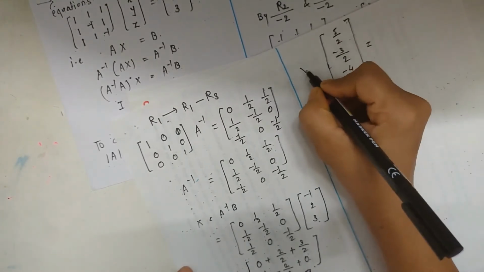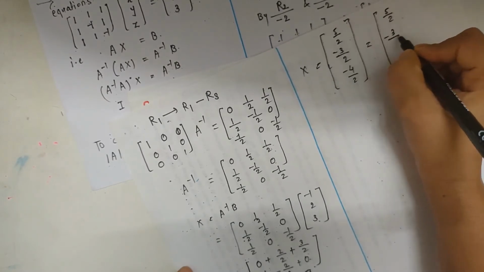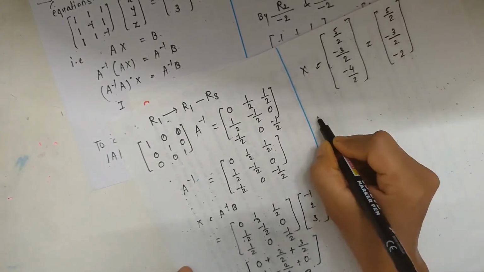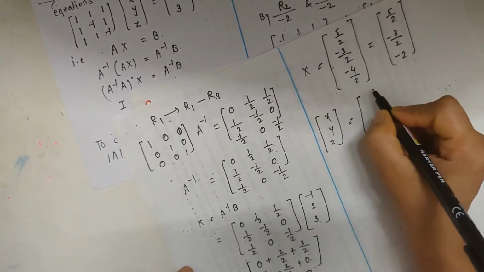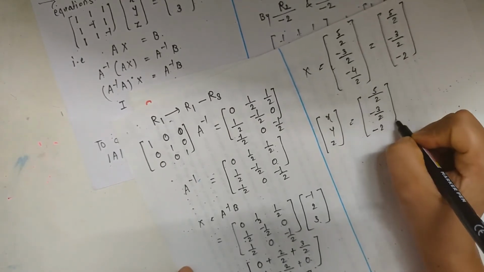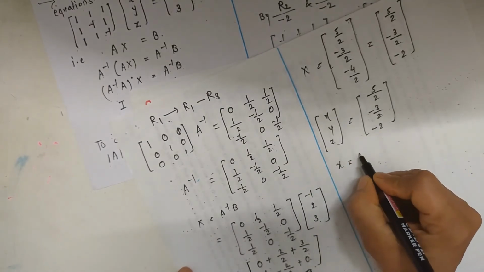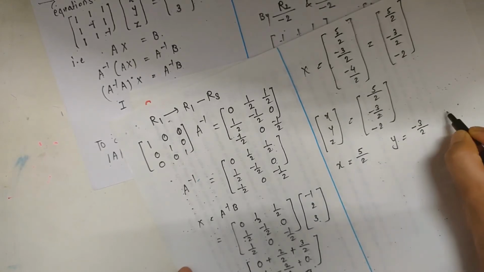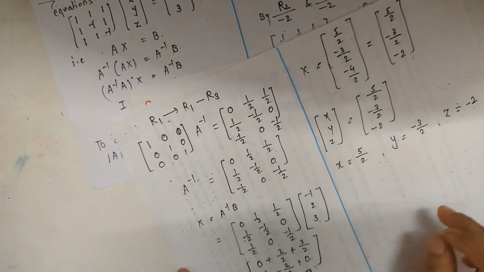So we get x equal to 5 by 2, minus 3 by 2, and minus 4 by 2, which is minus 2. So the values of x, y, z, 5 by 2, minus 3 by 2 and minus 2, are the required solution. By equality of matrices we can write x is equal to 5 by 2, y is equal to minus 3 by 2, and z is equal to minus 2.